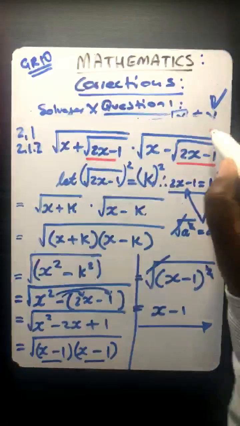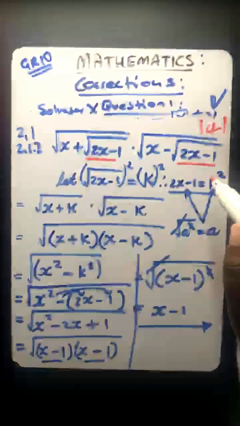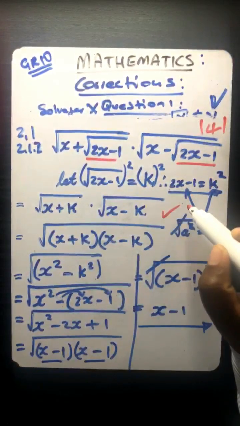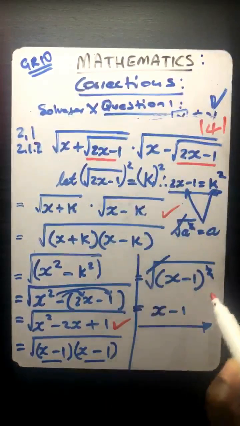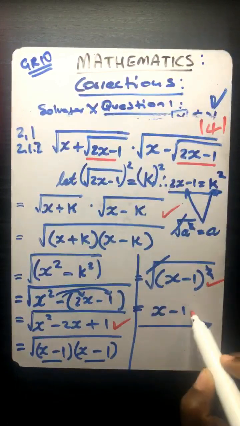So this question was allocated marks. If you have done it correctly, you will just be scoring marks, especially this part. It really deserves a mark. And also that one. And this one I'm going to give you a mark.